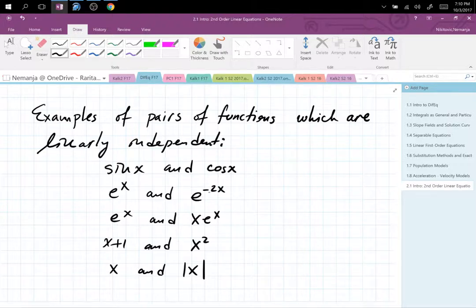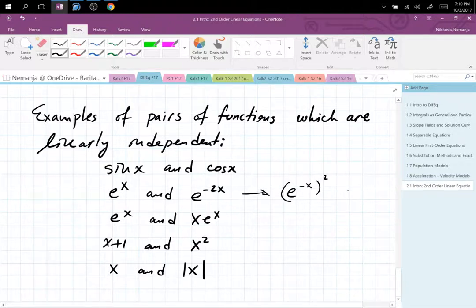E to the x and e to the negative 2x should also be clear, because even if the minus is not there, it doesn't matter, because this thing is equal to e to the negative x squared.